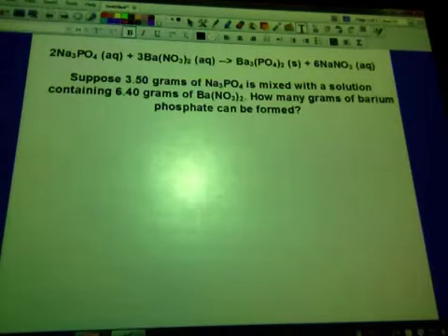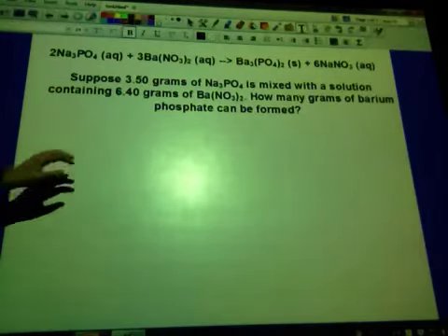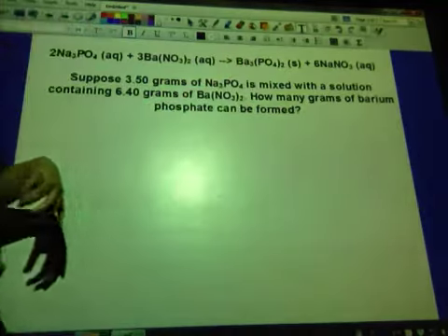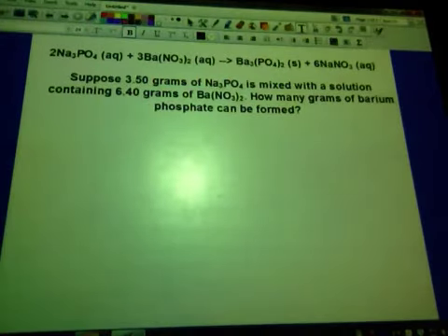And let's suppose that 3.5 grams of sodium phosphate is mixed with a solution containing 6.4 grams of barium nitrate. I want to know how many grams of barium phosphate can be formed. So I want to know how much of this solid am I producing. And remember that the amount of barium phosphate I'm producing is based on the limiting reactant. So I have to figure that out first.